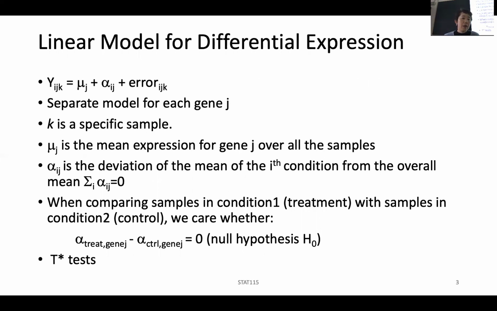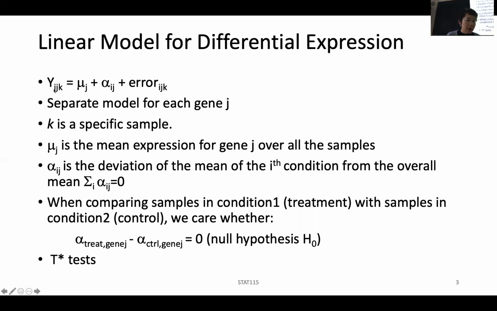Therefore, in the early days, there were algorithms developed previously for microarrays, because for microarray, the gene expression level does follow a normal distribution. And so there are algorithms such as LIMMA, which uses a linear model to study differential gene expression. You can also now use it on RNA-seq.